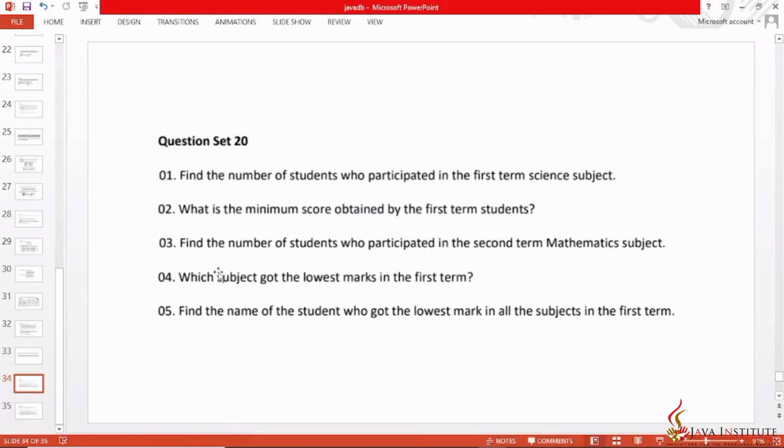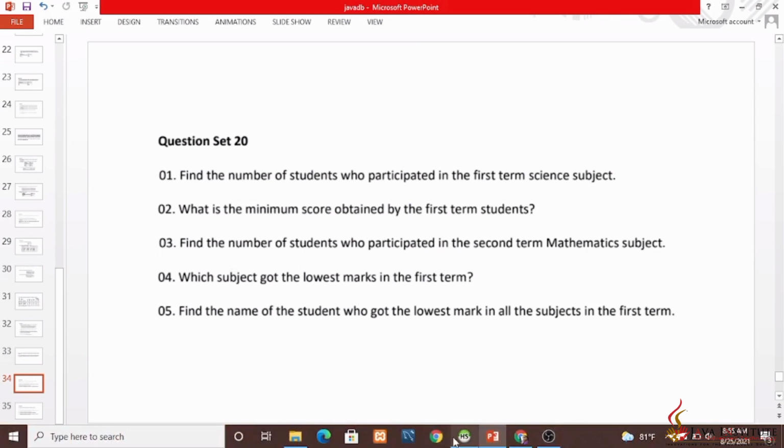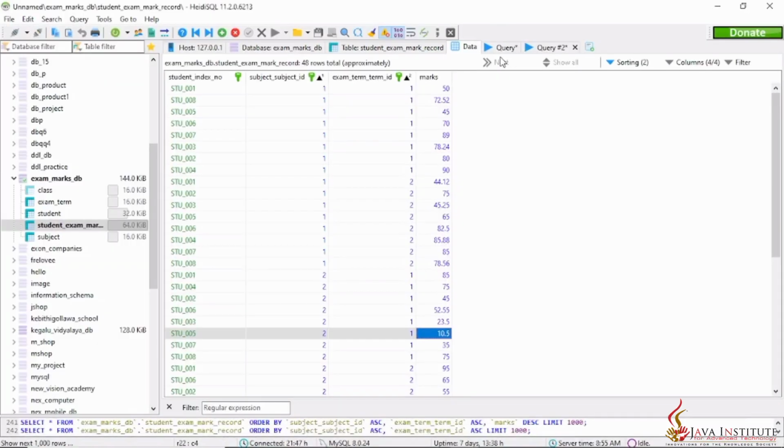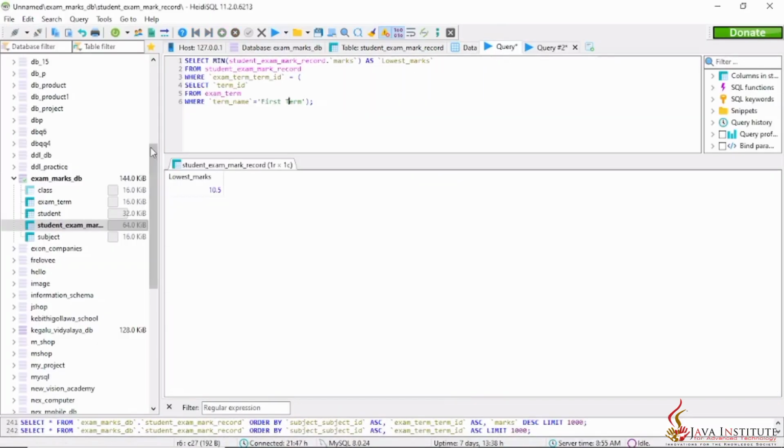Then the next question, find the number of students who participated in the second term mathematics subject. So then I am writing the query for that again.